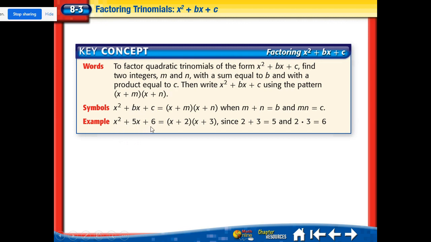So like for this last one, what combination multiplies to 6 but adds up to 5? So 2 and 3. And those are the factors that we have, and we write it x plus 2 and x plus 3. It'll get more difficult when we have an a value in the front here, but these are pretty simple because we're just looking for that combination that works. And when we find that combination, we can go ahead and write our answer.